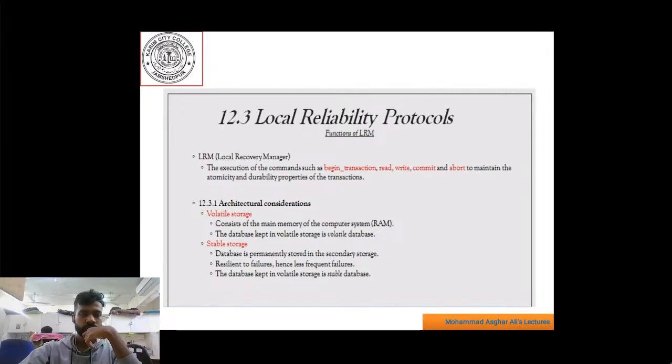The database is stored permanently on the secondary storage, which in this context is called stable storage. The database kept in stable storage is the stable database, resilient to failures, hence less frequent failures.